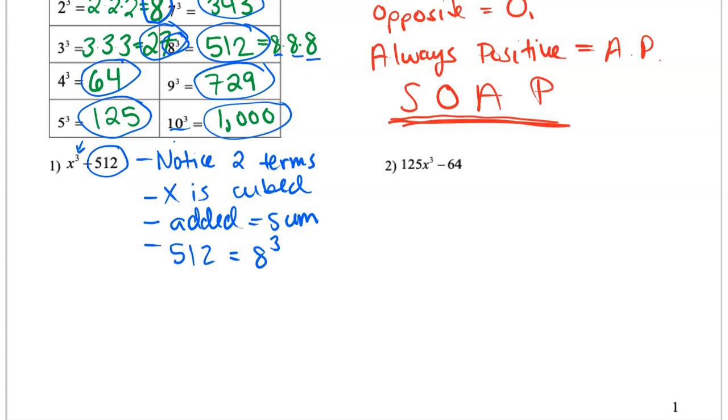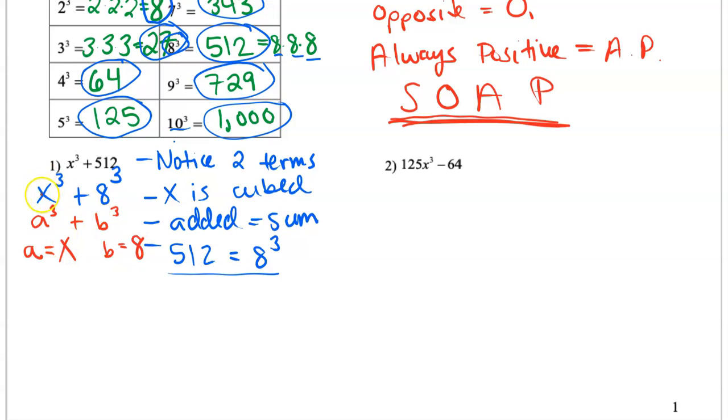So we could think of this as x cubed plus 8 cubed, because that's what 512 is. So this looks a lot like a cubed plus b cubed, where a would be x and b would be 8. So it's a sum of cubes where a is x and b is 8.